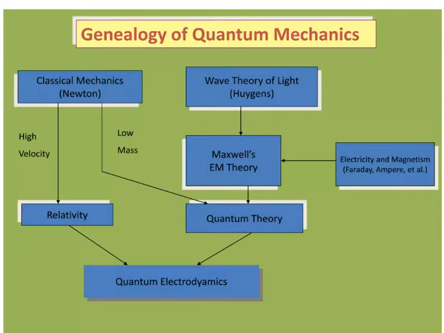Quantum theory is related to quantum electrodynamics, and relativity is also related to quantum electrodynamics. Now, wave theory of light, Maxwell's electromagnetic theory, and this is coming from electricity and magnetism, Faraday, Ampere et al. So keep this picture and roadmap also in your mind.